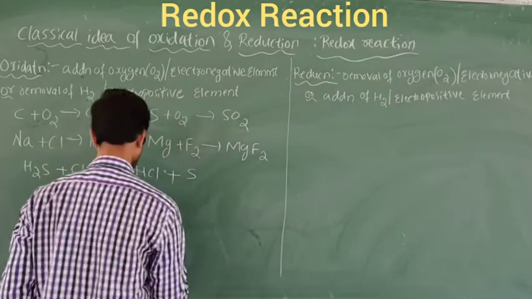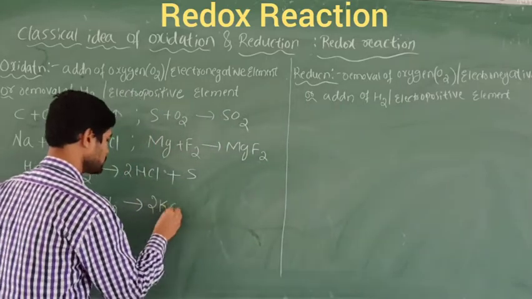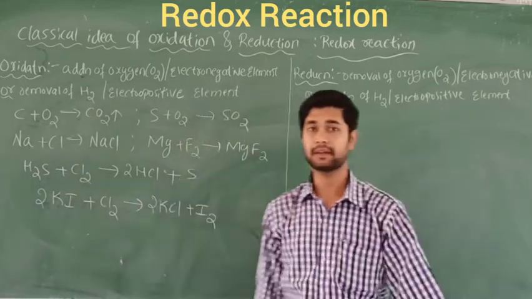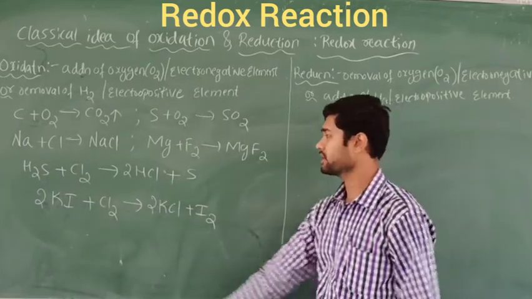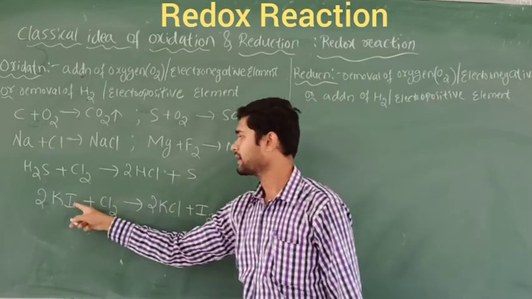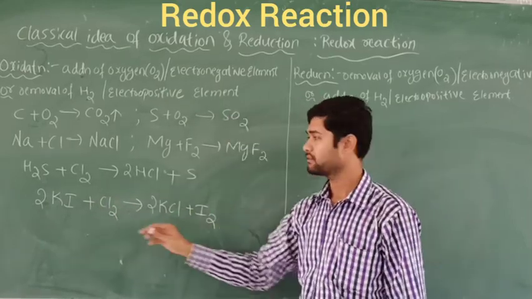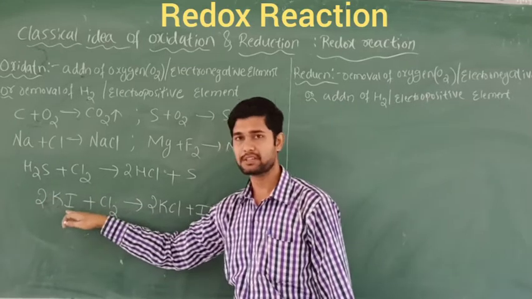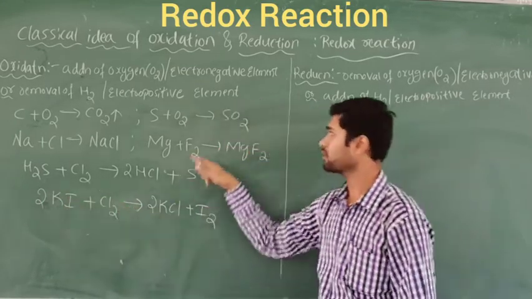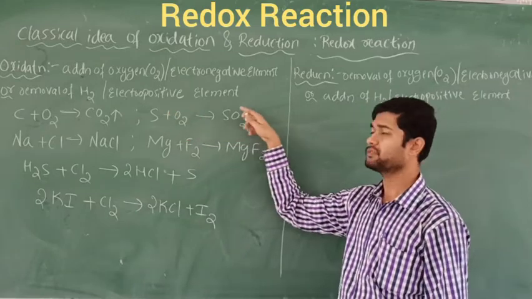So it forms 2KCl plus iodine, which is eliminated here. So 2KI plus Cl2 forms 2KCl, and iodine is removed. From the substance potassium iodide, I remove the iodine, leaving potassium with chlorine. That is called removal of an electropositive element.